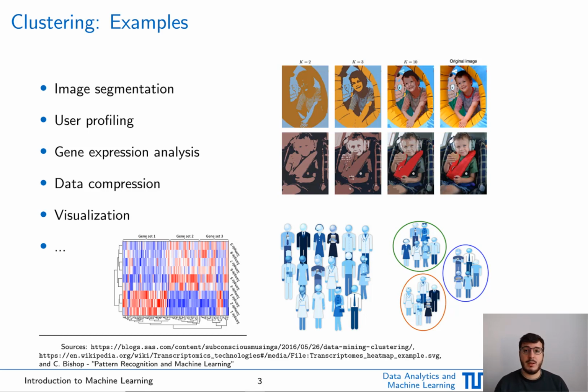A different example is running clustering to do user profiling. So you can imagine maybe that you have a data set with users, and these might be demographics data for each user, or there might be some data about how these users are using your system. But whatever this data might be, you might want to run clustering to group similar users into the same cluster. And this might look something like this.